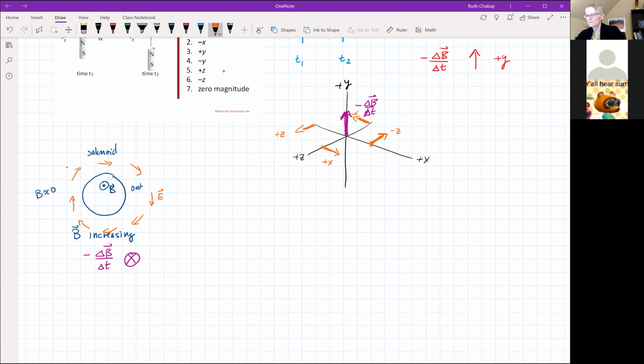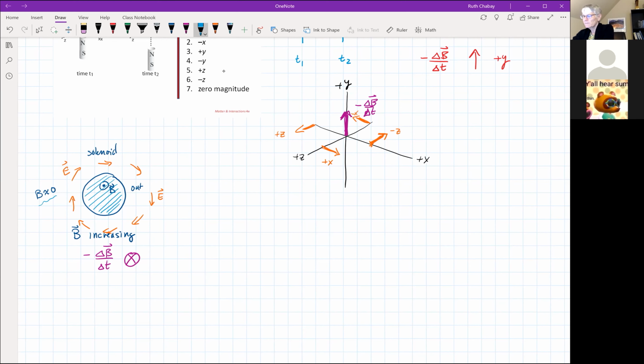in this region. Now note something interesting about this. In the case of the solenoid, there's a very large magnetic field inside the solenoid, but outside the solenoid, the magnetic field is nearly zero.